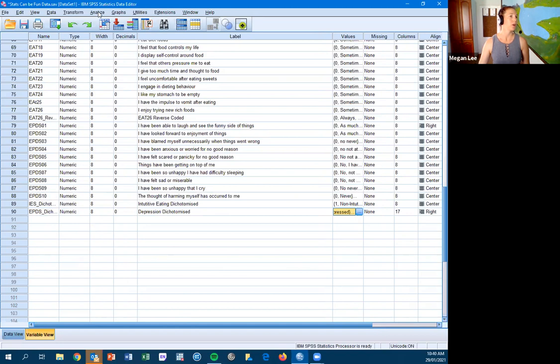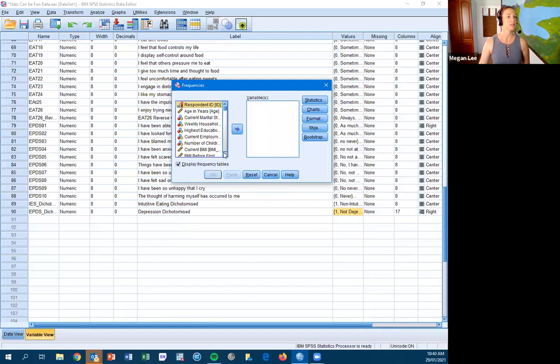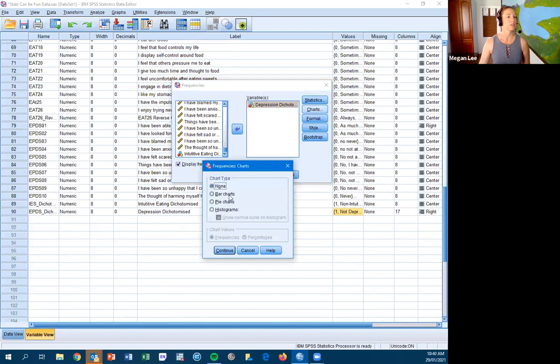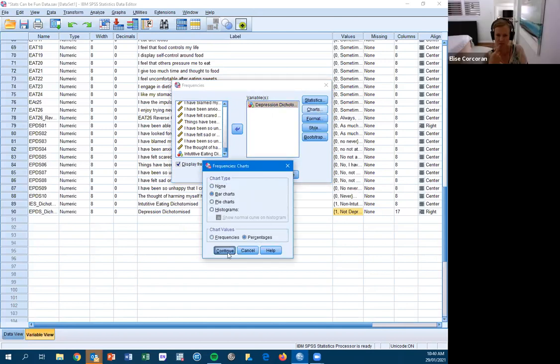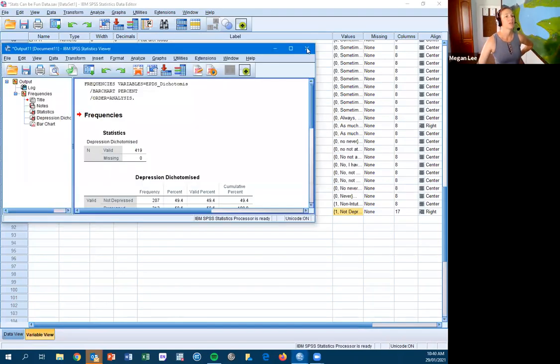And then we want to go Analyze, Descriptive Statistics, Frequencies, reset, put our new variable in there, depression. Get a bar chart of percentages. And let's have a look at what we found.